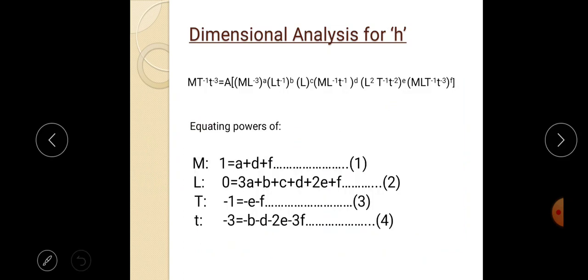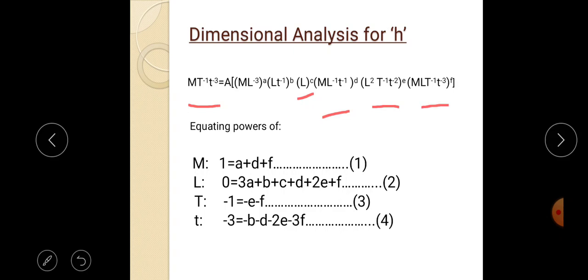Now here I have substituted all the values: first M T minus 3 theta minus 1, then all the values like M L minus 3 raised to a, L T minus 1 raised to b, L raised to c, M L minus 1 T minus 1 raised to d, L2 T minus 2 theta minus 1 raised to e, M L T minus 3 theta minus 1 raised to f.